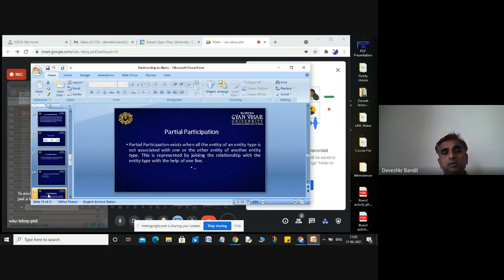Partial participation exists when all the entities of an entity type are not associated with one or the other entity of another entity type. This is represented by joining the relationship with the entity type with the help of one line. This is your partial participation.